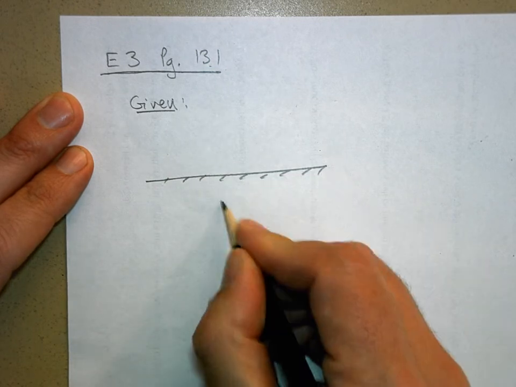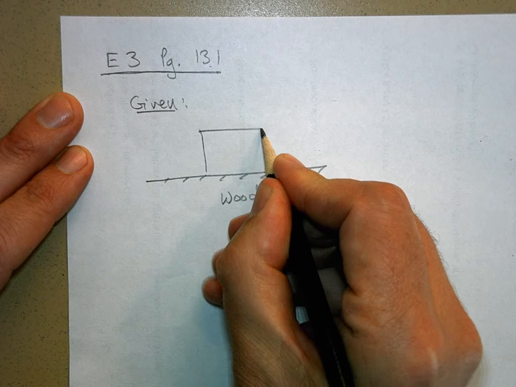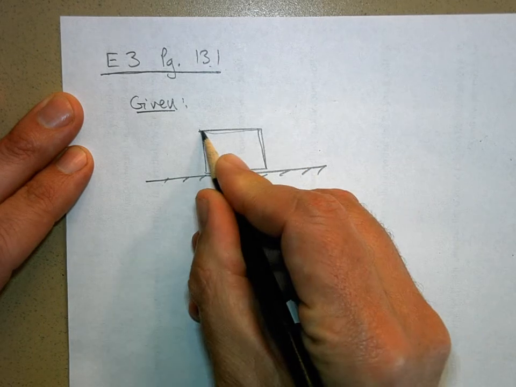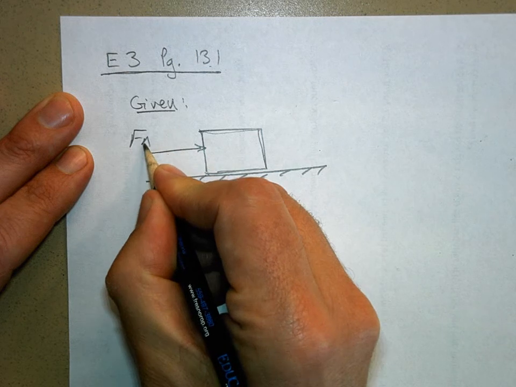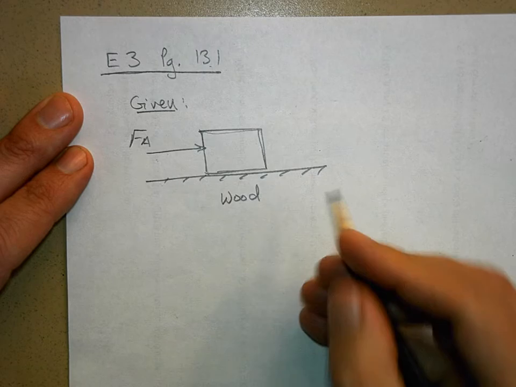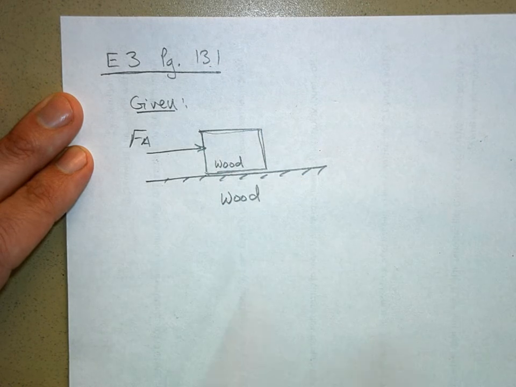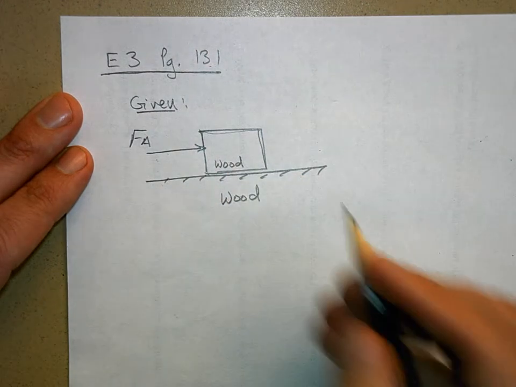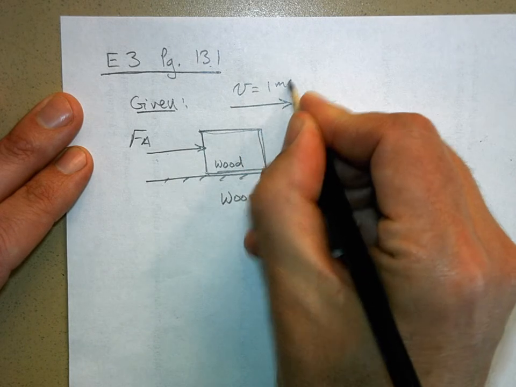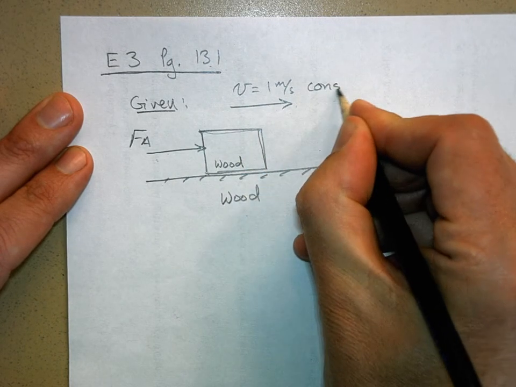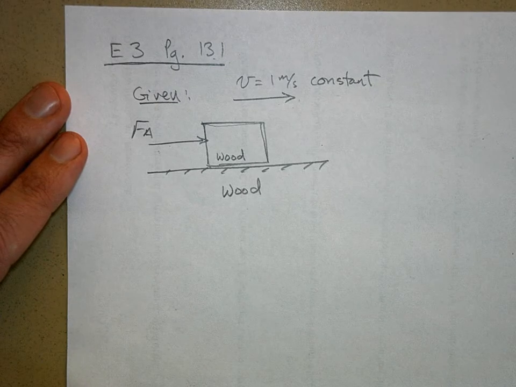So here we have wood, and here we have a wooden box, and we're applying a force to it like that. That's what we're trying to find here, this applied force. We know that this is made out of wood, and we know that we're moving, the velocity is 1 meter per second, and that's a constant velocity.